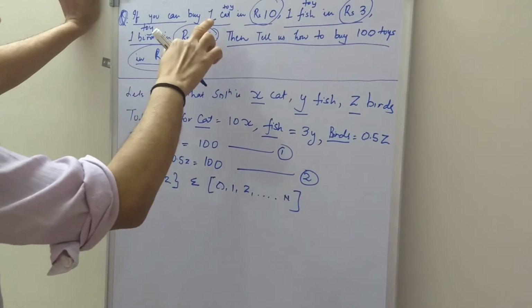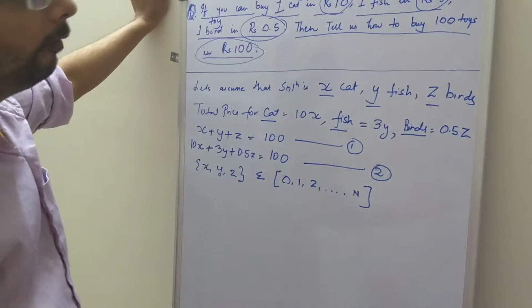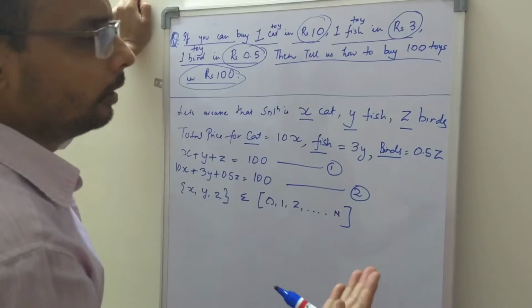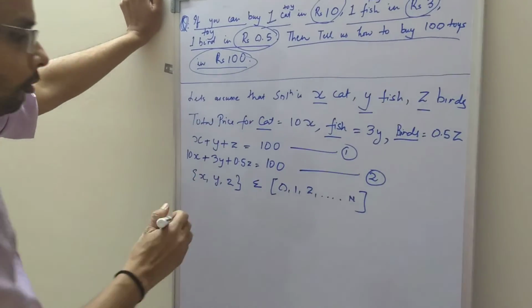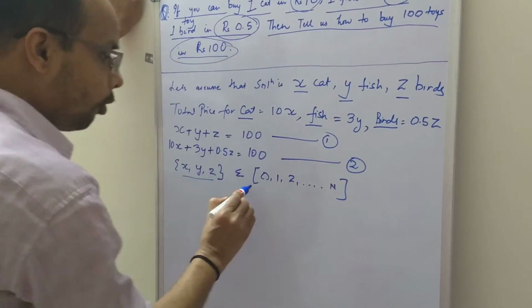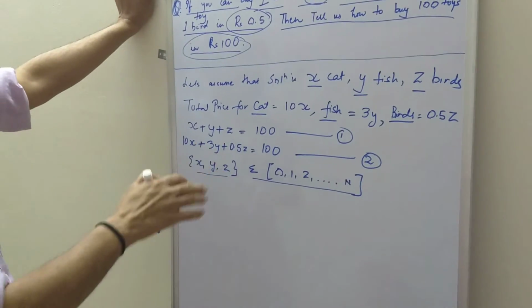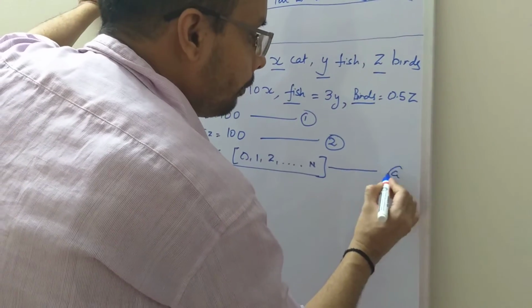You will have either 5 cats or 2 cats. You can't have 2.5 cats. You can have 2 toy fish or 3 toy fish, but you can't have 2.5. So you know that x, y, z are all whole numbers. This is an important thing which is going to help you. I am not going to write this as an equation, but it will come in handy.